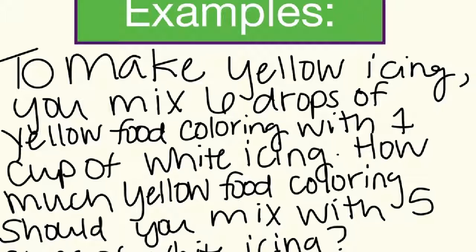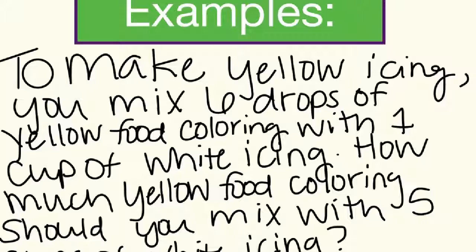So this says, to make yellow icing, you mix 6 drops of yellow food coloring with 1 cup of white icing. How much yellow food coloring would you mix with 5 cups of icing? What I like to do is go through and figure out what some important information is.